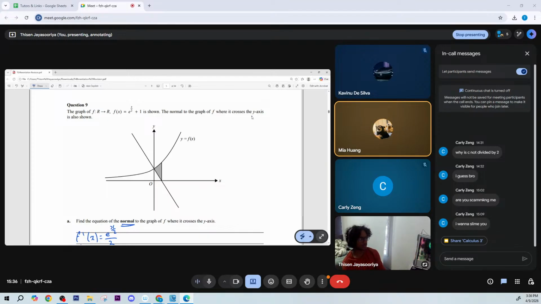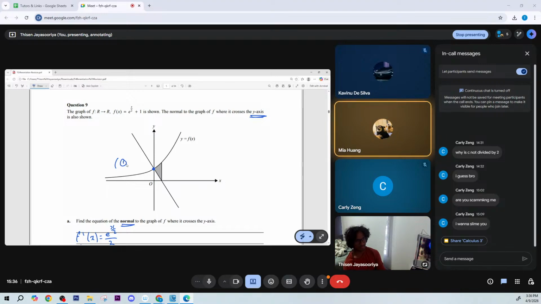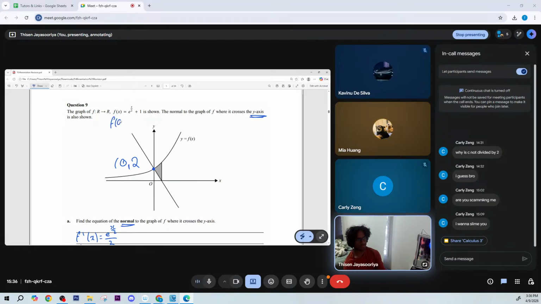Yeah, because it's where it crosses through. So what's that y-intercept? 0, 2, because f of 0 equals e to the 0 plus 1, which is just 2.